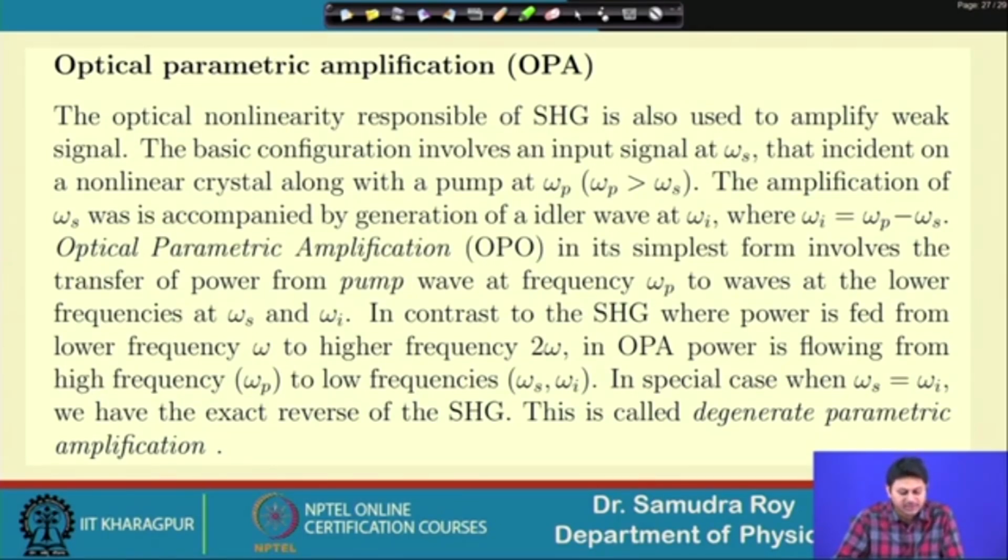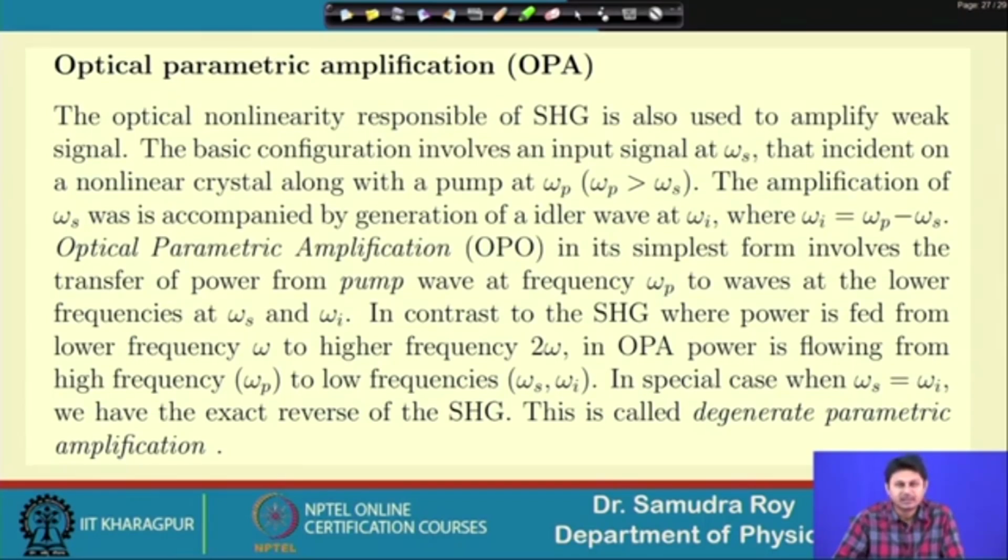The optical nonlinearity responsible for second harmonic generation is also used to amplify weak signals. So, this optical nonlinearity not only generates the second harmonic, it also leads to some kind of amplification of a weak signal. The basic configuration involves an input signal at omega s incident on a nonlinear crystal along with the pump.